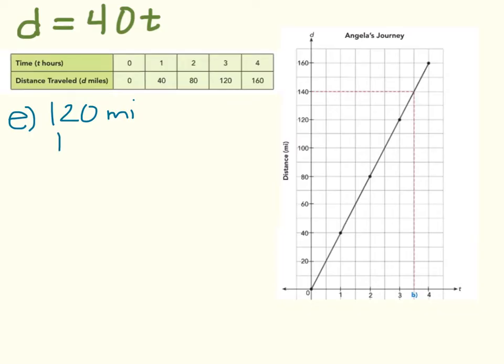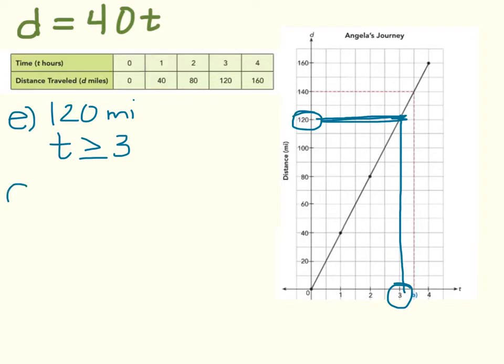Okay, if t equals time, or the number of hours, and we want Angela to go at least 120 miles, let's go over to our graph, find the 120. Let's go over here to meet our line, travel down that point to a time, and it looks like she needs to drive at least 3 hours. So t is going to be greater than or equal to 3.